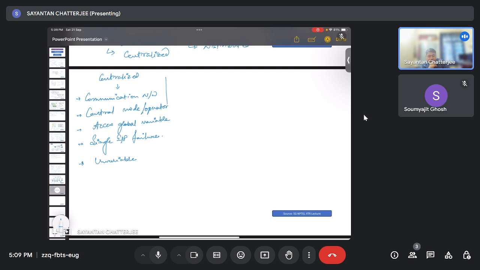Because there can be instances where problems like information exchanges need to be performed in a better fashion. Okay. Now comes the decentralized. Better communication network is not required.